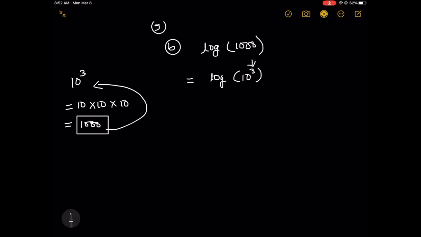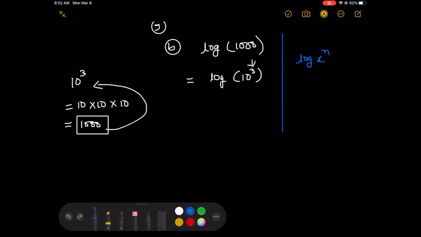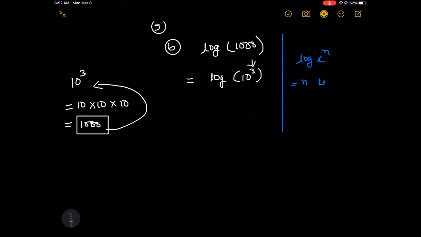So let me rewrite the property here so that we don't need to scroll to show that property every now and then. So this is n log x. Okay, so this is the property we're going to use. Just compare this and we can replicate what we have here.